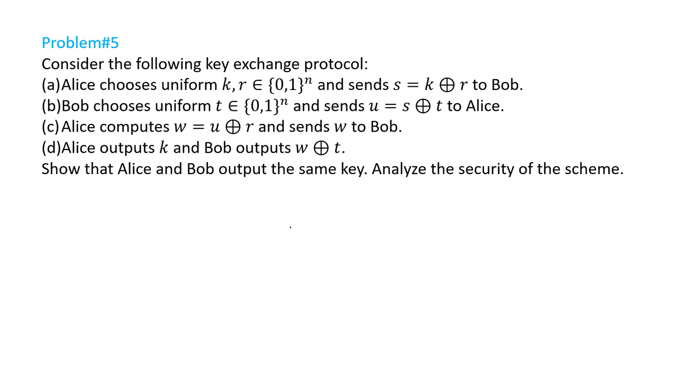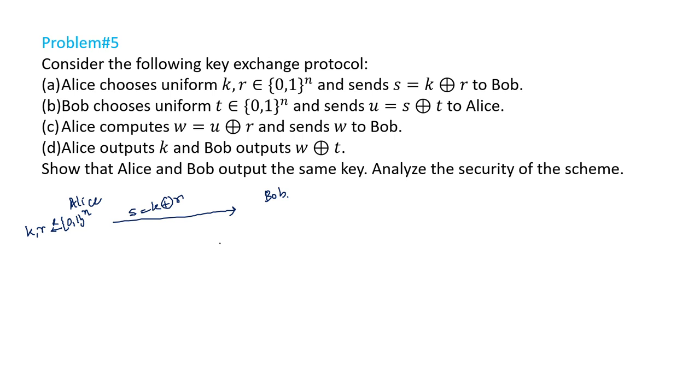Consider the following key exchange protocol. There is Alice and there is Bob. Alice chooses K and R uniformly at random from the n-bit binary space and sends S equal to K XOR R to Bob.